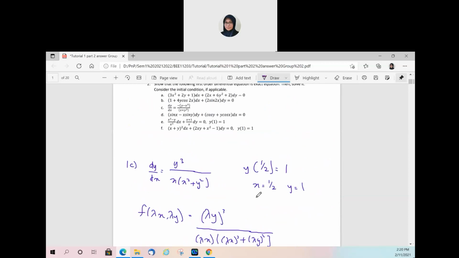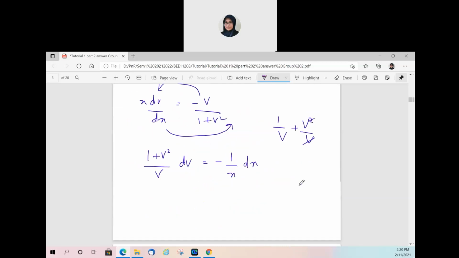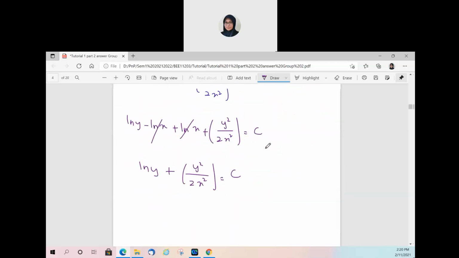Then you have to determine what is the constant C. So when x equals to 1 over 2, y equals to 1. We replace x with 1 over 2 and y with 1 inside these equations.